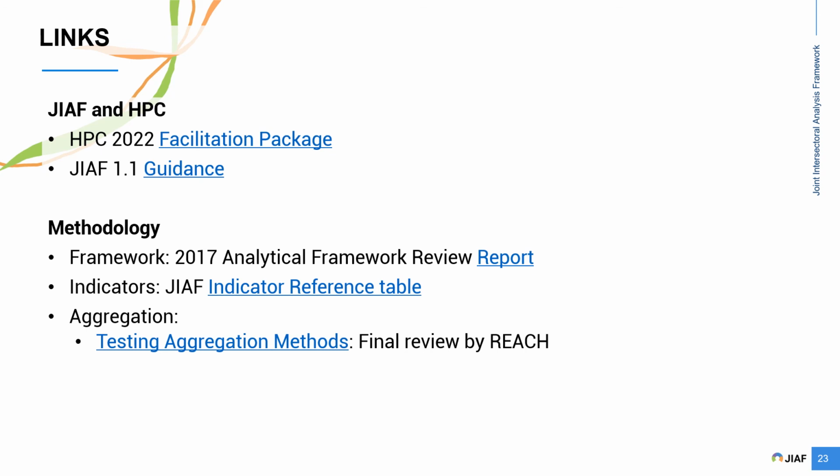The second set of documents that I would recommend to go further on the methodology are the 2017 Analytical Framework Review Report, as well as the indicator reference table that we discussed in this presentation.